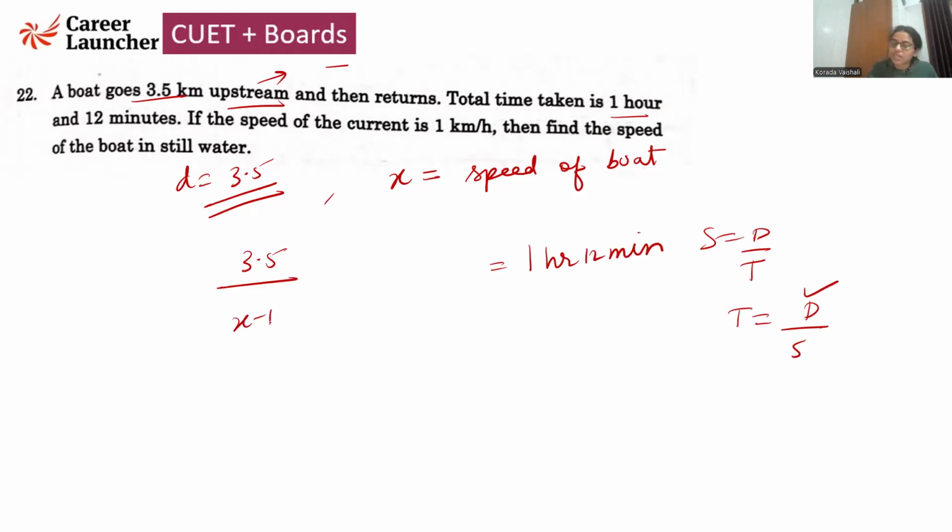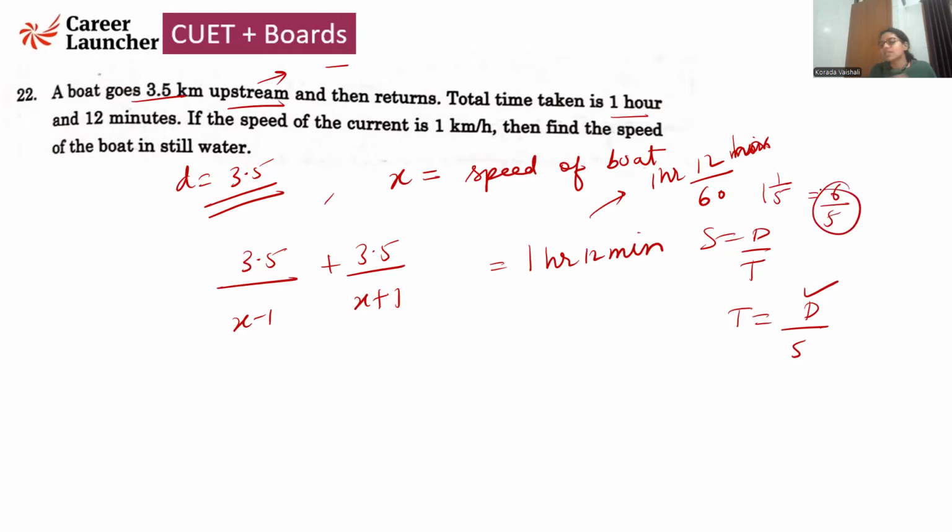In the case of upstream, it is x minus 1, plus 3.5 upon x plus 1 in the case of downstream. How can I write 1 hour 12 minutes? Can I write this down as 1 hour, converting the other factor into hours as well? So what I'm getting is 1 and 1 by 5th, so I can write this down as 6 by 5 as a fraction, right? So the sum is equivalent to 6 by 5. So what you need to do is just solve the expression.